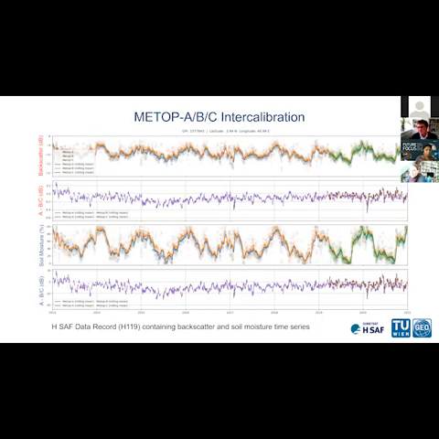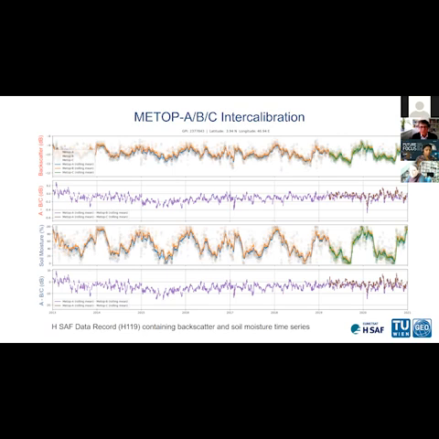Here you see time series, and again, another very important point from the scatterometers. They are extremely well calibrated instruments, and by having several of those instruments in space, we can closely monitor if there's drifts or differences in the backscatter values.